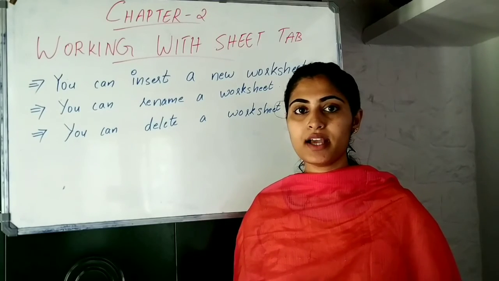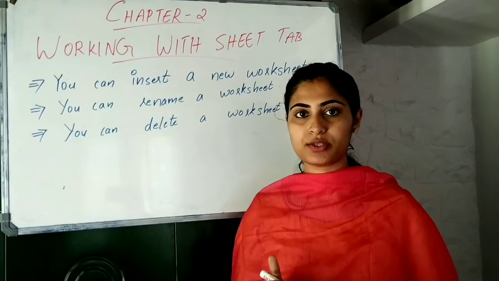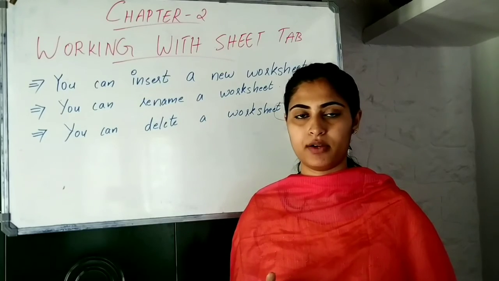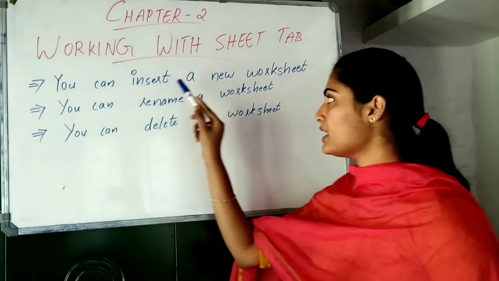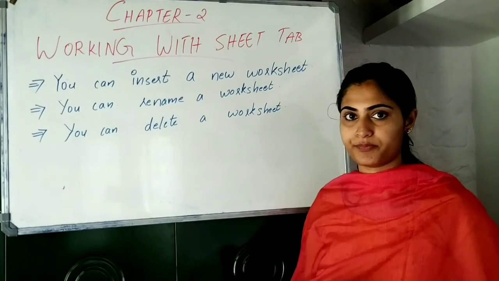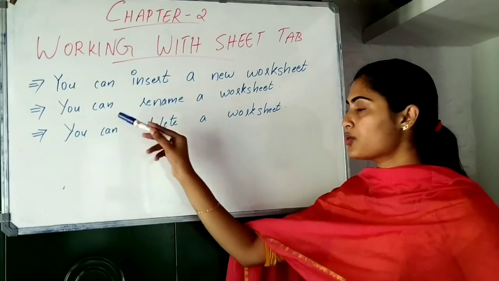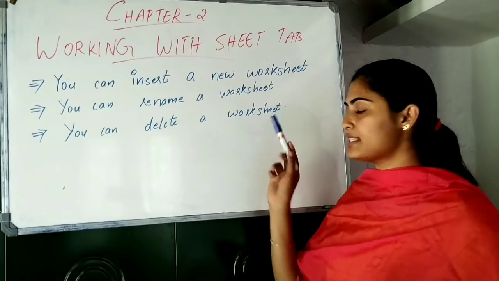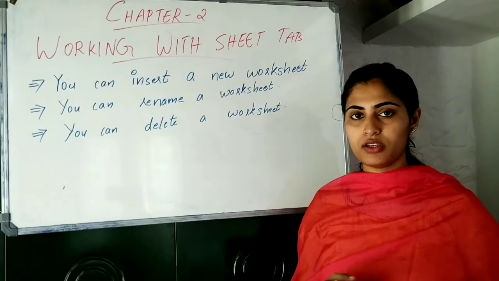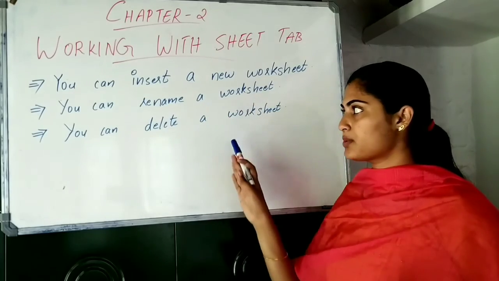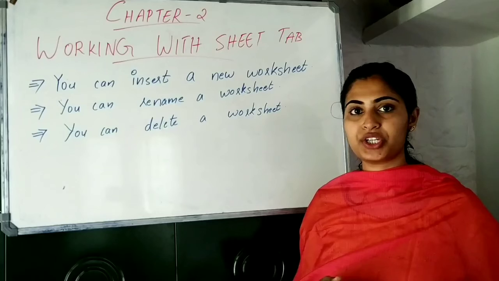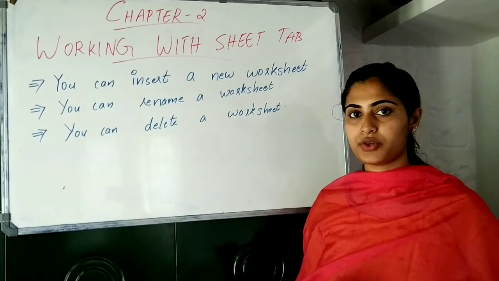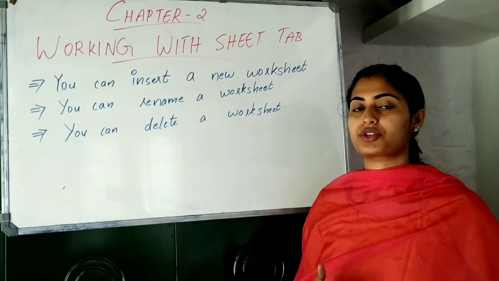Now we can study what activities we can do with the sheet tab. First, you can insert a new worksheet. Second, you can rename a worksheet. And third, you can delete a worksheet. These are the activities that we can do inside the sheet tab. First, you can insert a new worksheet.